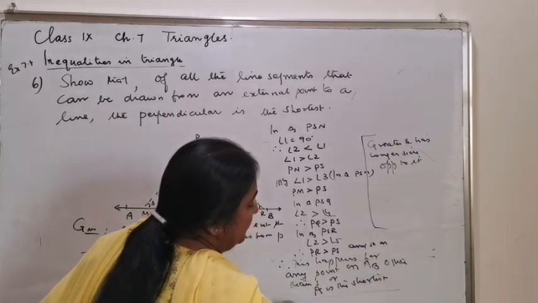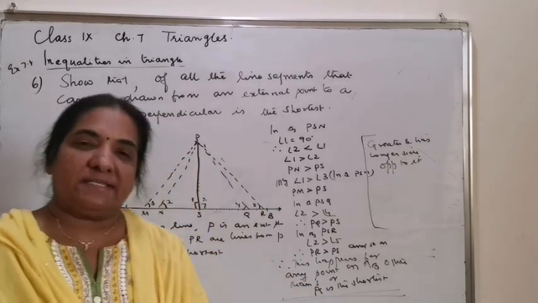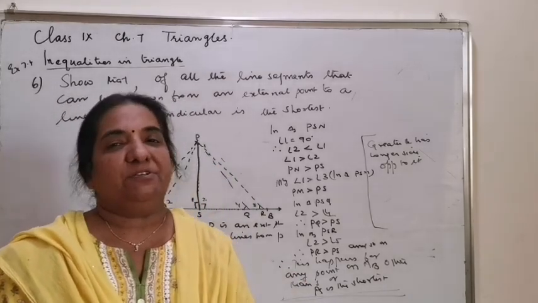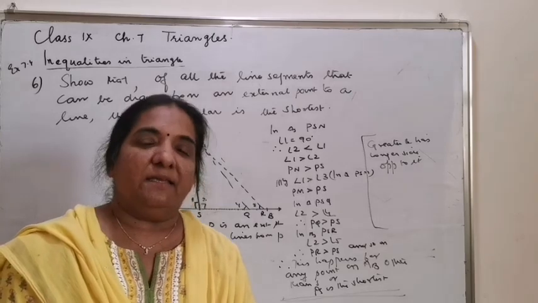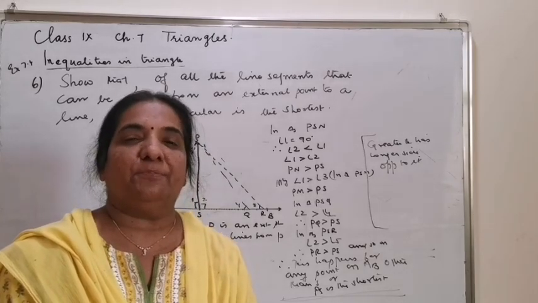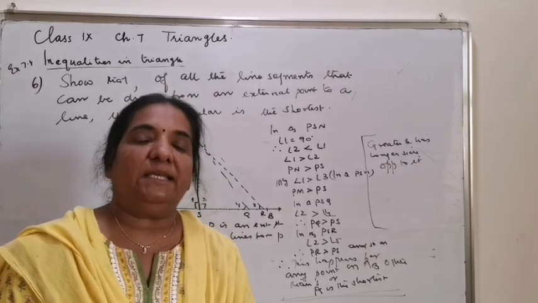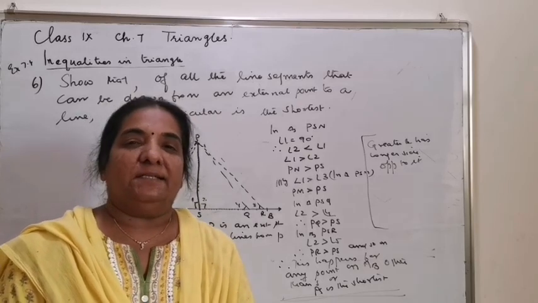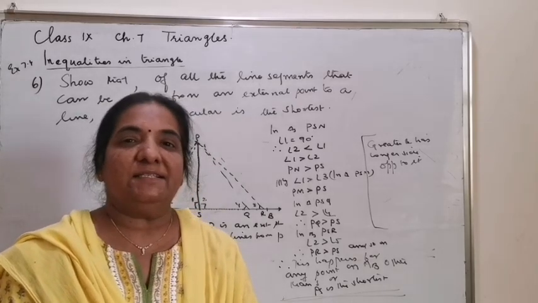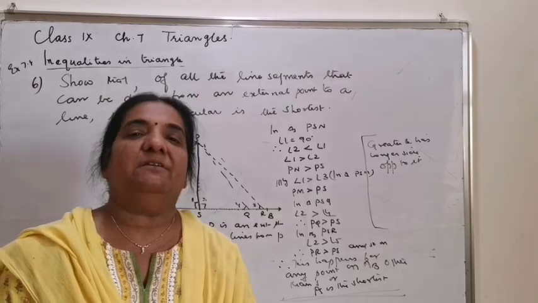That is, the perpendicular is the shortest line segment that can be drawn from an external point to a given line. It's a very important property. Please study the property. And this is the end of lesson 7, or chapter 7, Triangles.